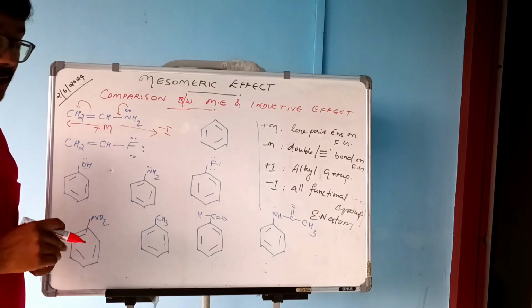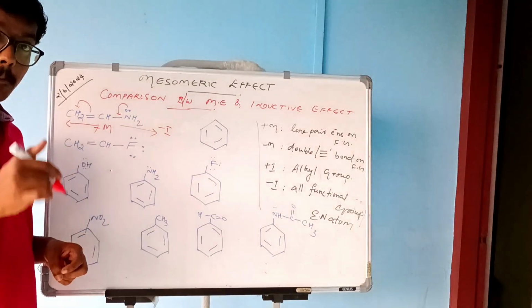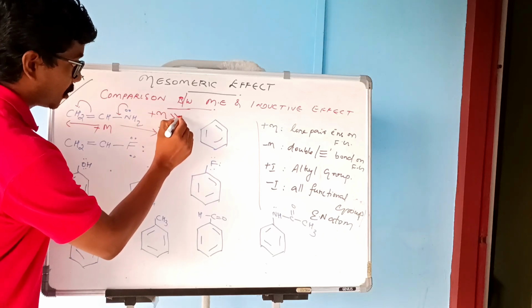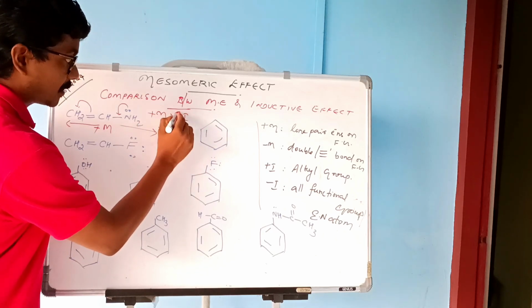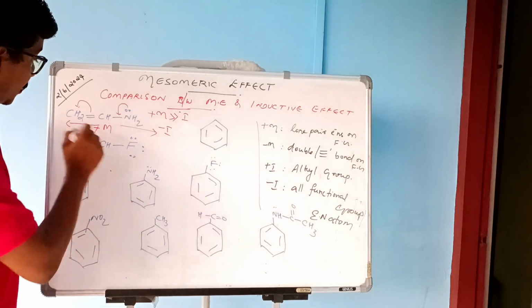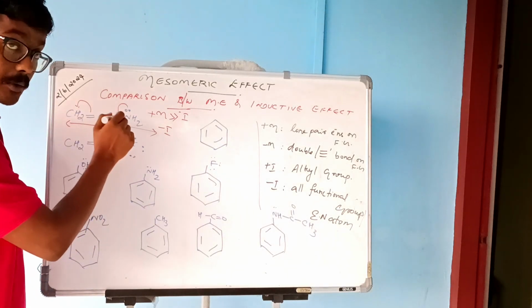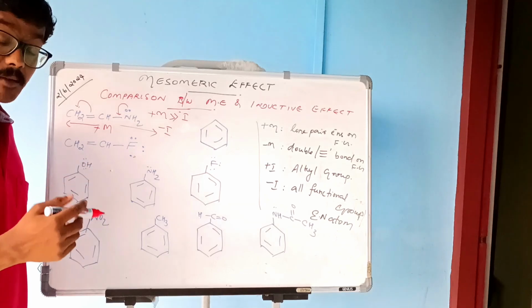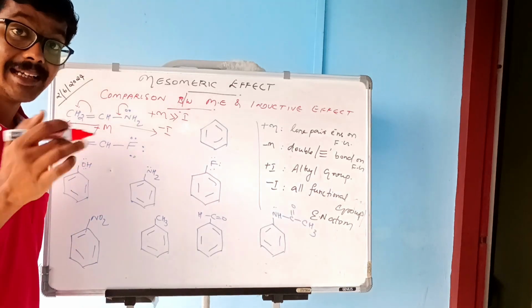Here we should remember that the plus M effect always dominates over the inductive effect. So in this case, the amino group attached to a conjugate system, the plus M mesomeric effect always dominates over the inductive effect.